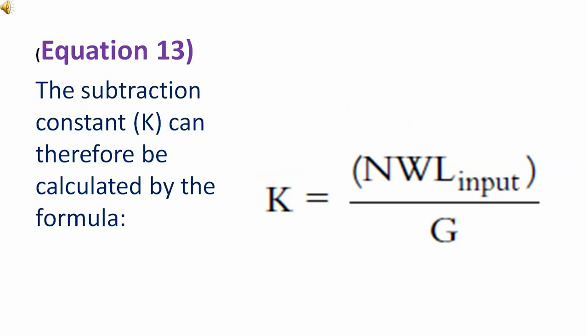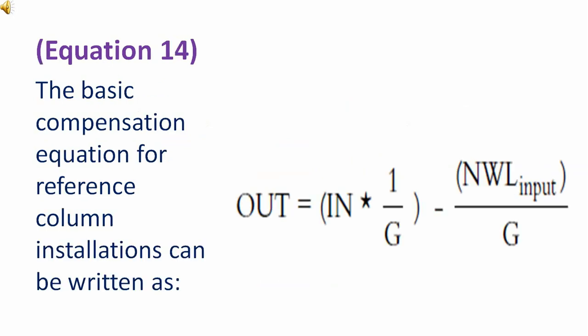The subtraction constant K can therefore be calculated by the formula capital K equal to NWL input upon capital G. The basic compensation equation for reference column installations can be written as out equal to in multiplied by 1 upon G minus NWL input upon G.